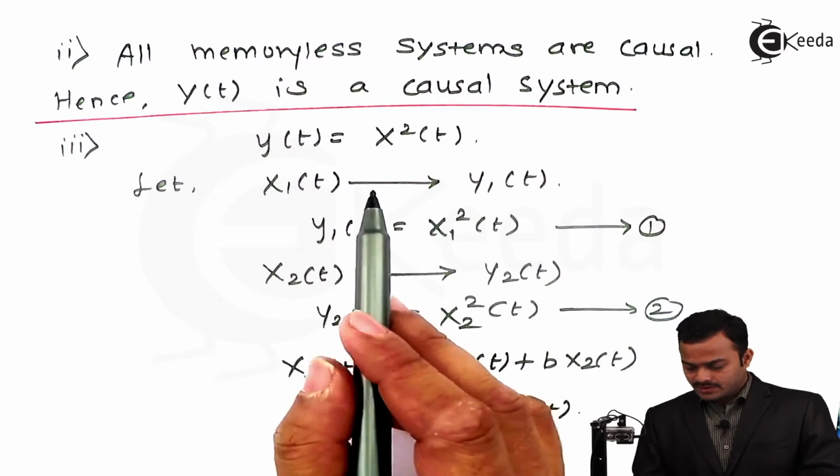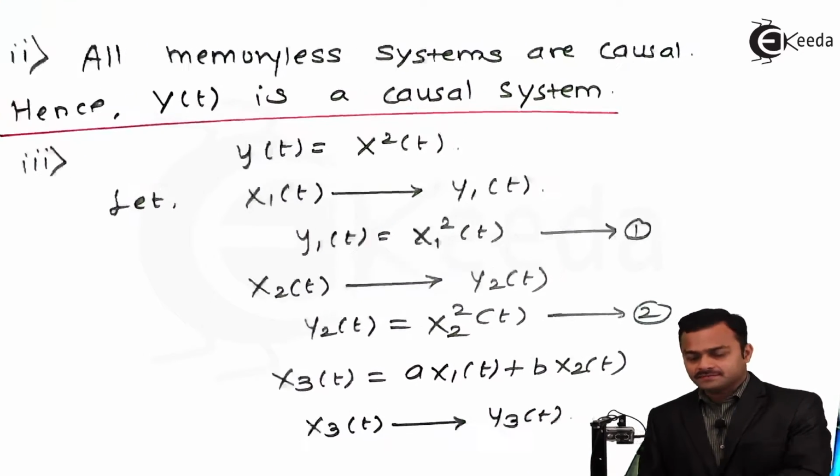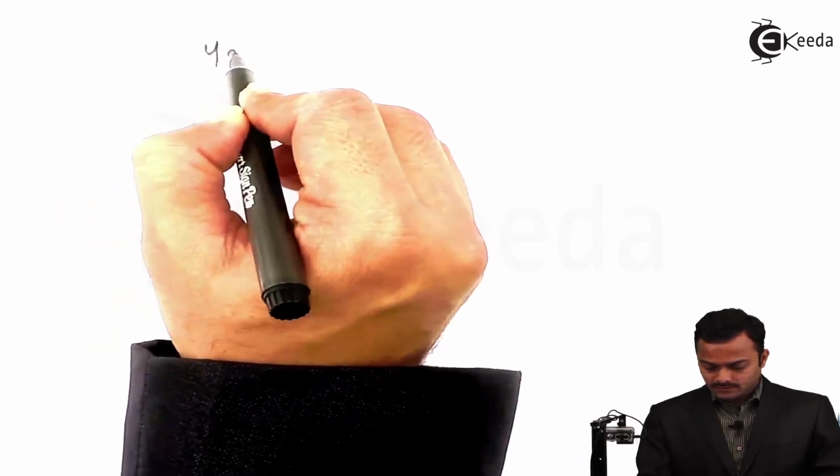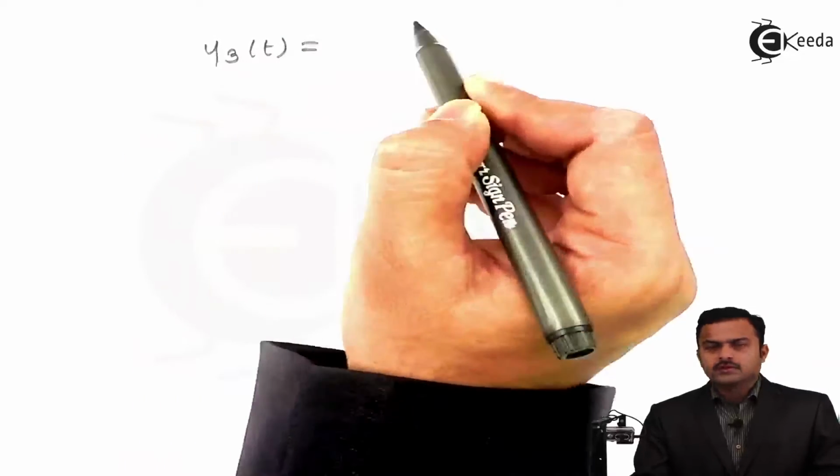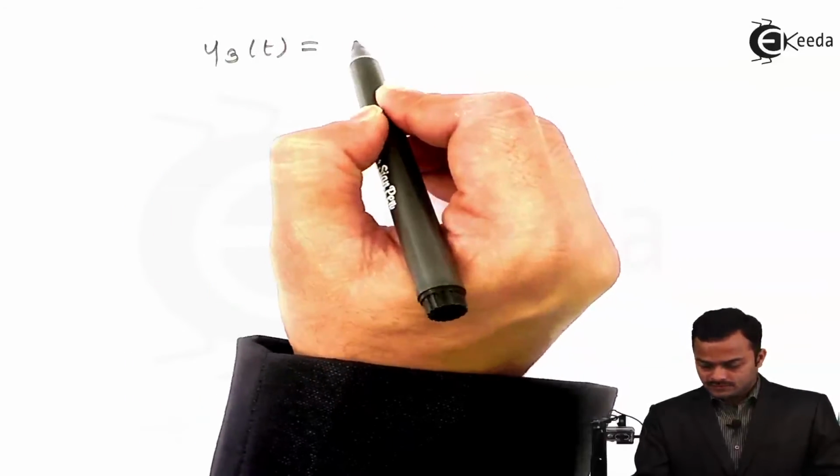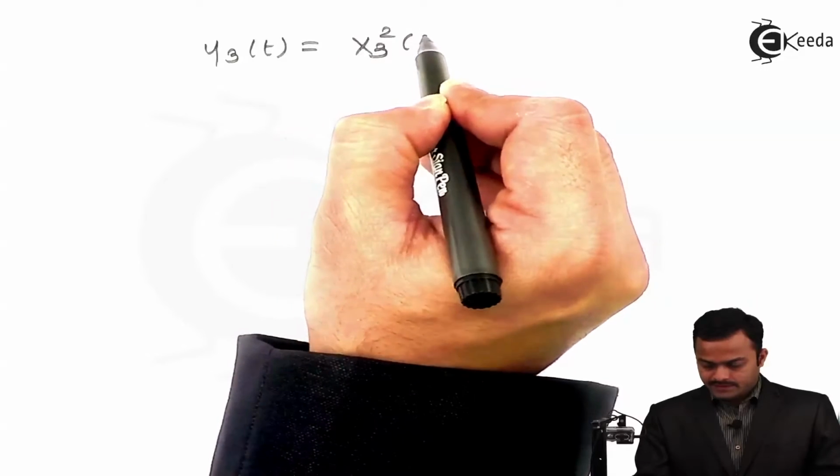As per the system equation, y3t will be x3 square t.